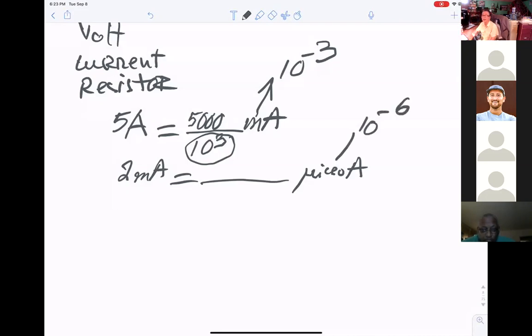That's what you have to remember. Milli is 10 to the minus 3. So basically milli is higher than micro by 1000. So that's why they will be equal to 2 times 10 to the power of 3 micro, or 2000 microamp. That means you're going from one unit to the other unit.